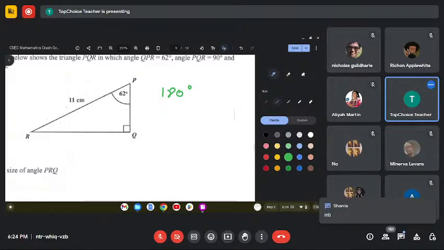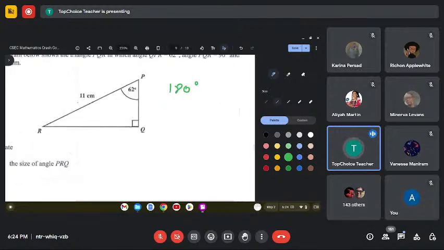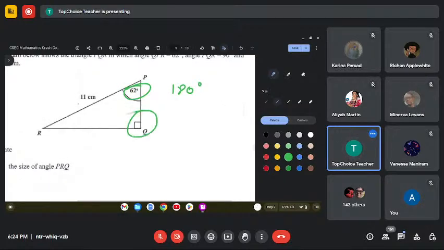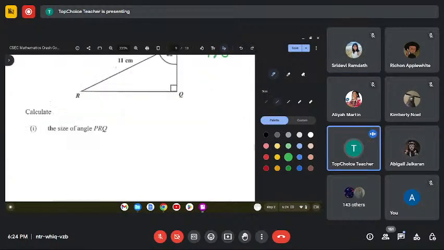P and Q. 90. Very good. So we know P and Q, which are 90 and 62. If we know 2 of the angles, and we know the total is 180, can we find R? Is it easy? Yes, very easy. This one is an easy mark. So let's look at how to do this.